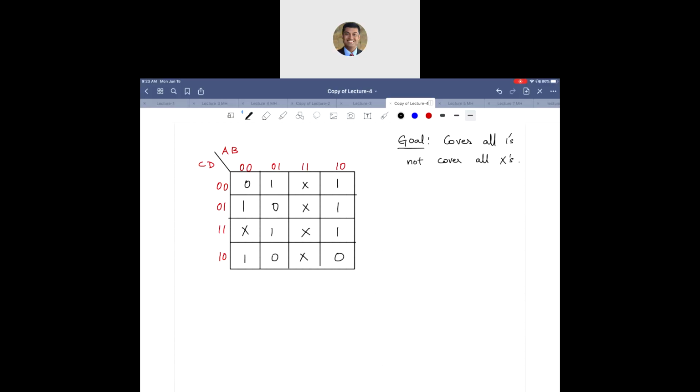The answer is no. I cannot make any group of 8. So I have to go down one more. Can I make a group of 4 ones or 4 adjacencies?